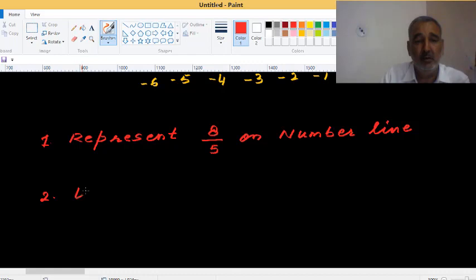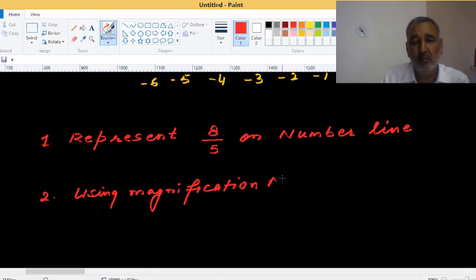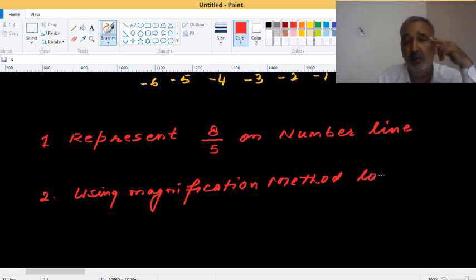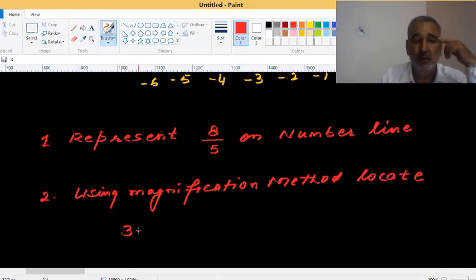Using magnification method, we call it successive magnification. Using magnification method, locate 3.752 on number line.